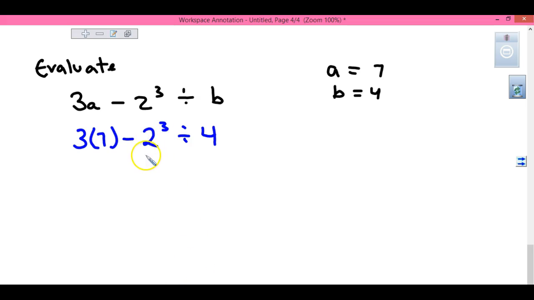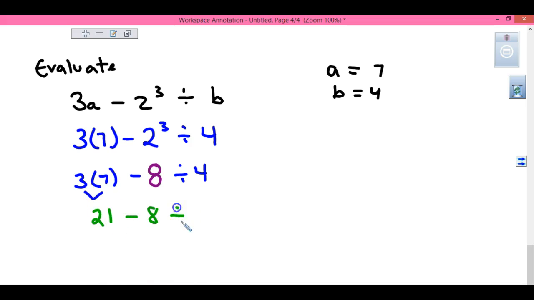Exponent, so 2 cubed, 8. What would I do next? Multiplication, 3 times 7. And following that, 21 minus 2.